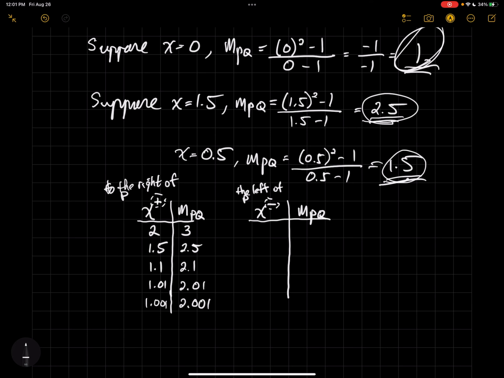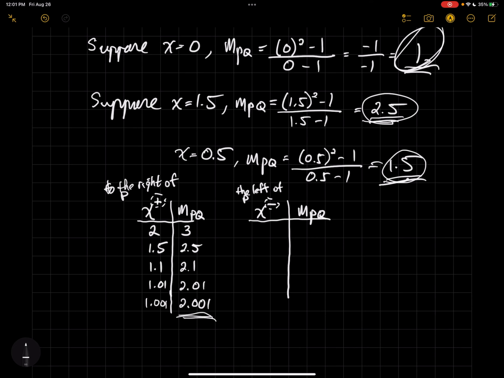Okay? And you can see what's happening, right? The slopes of that secant between points P and Q are starting to converge to a value, okay? Well, when we do limit analysis, and we'll go more into this as we learn more about limits, we can't restrict ourselves to only looking at one side of the point of interest. We have to look at both sides of the point of interest.